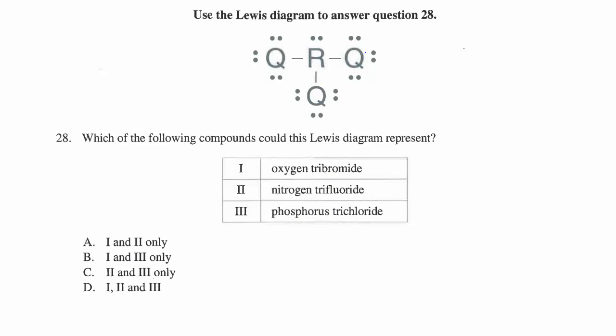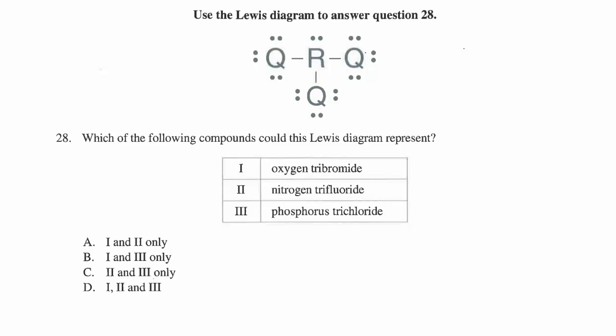Okay, number 28 has been known to scare people. Be not afraid. We have 3 options. We're given this lovely Lewis diagram, and there's something in the center, and then we have 3 atoms on the outside. That's going to be tribromide, trifluoride, or trichloride. We have to decide which of the possibilities there are. So what I would do is I'd initially write the formulas.